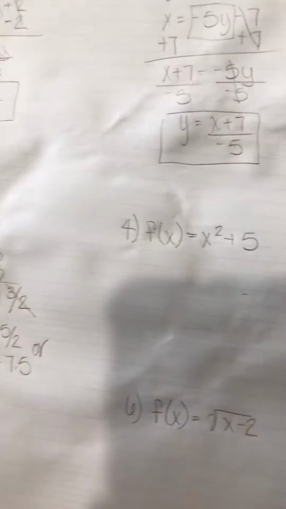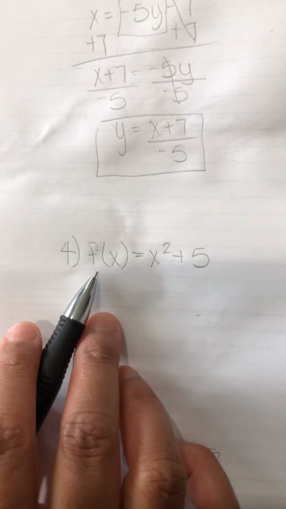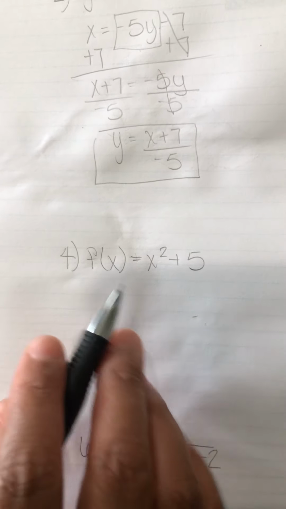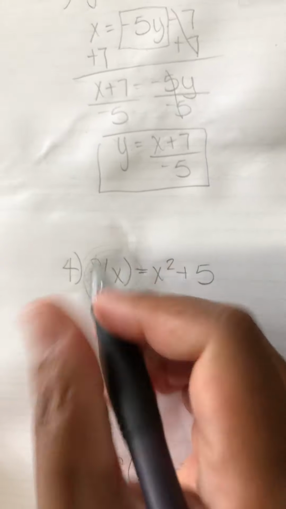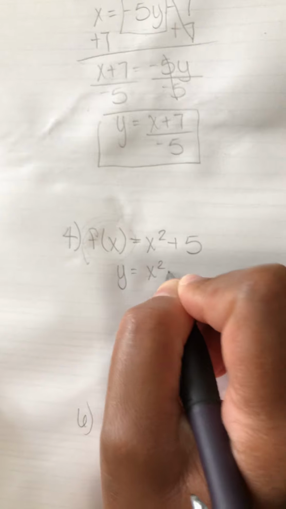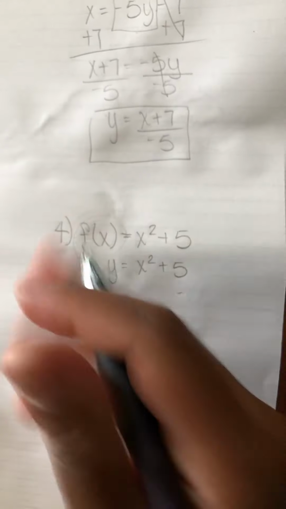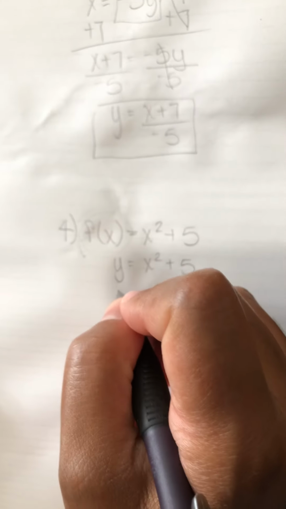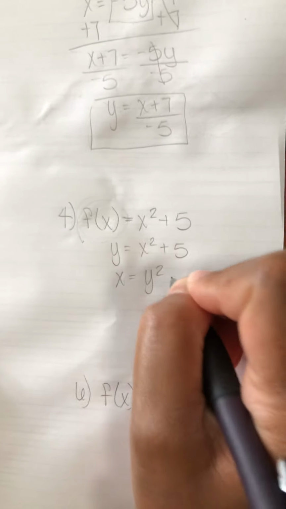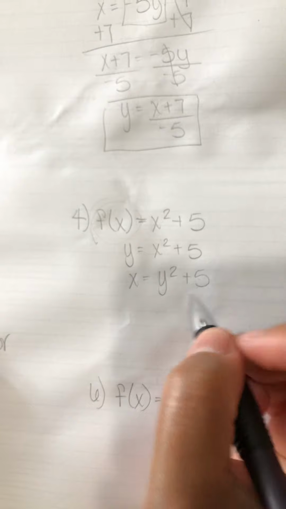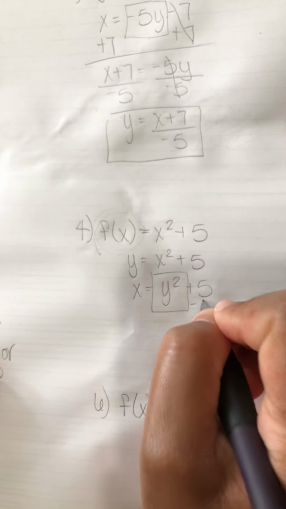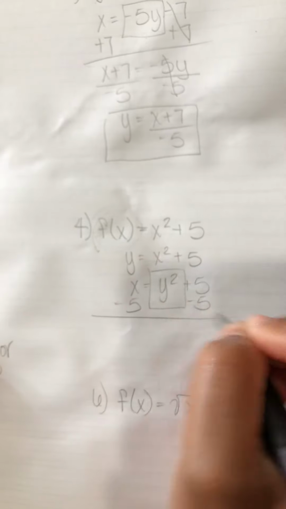Now, sometimes they'll give you one that says f of x. Don't worry about that. You're still doing the same thing. Treat this f of x as if it is a y. So if you like it better to say y, just make it say y. After that, all you need to do is switch them just like I said before. So x equals y squared plus 5. The first thing again that I need to get rid of is this plus 5, so I'm going to subtract 5.